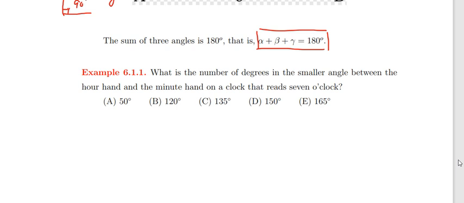At first, we have some notation for angles. We want to find the degree of some angle, so let's consider this problem. Let's say we want to find the number of degrees in the smaller angle between the hour hand and the minute hand on a clock when the time is 7 o'clock.